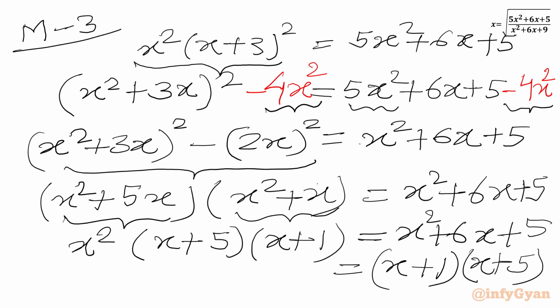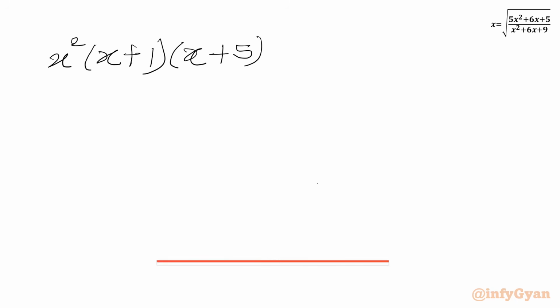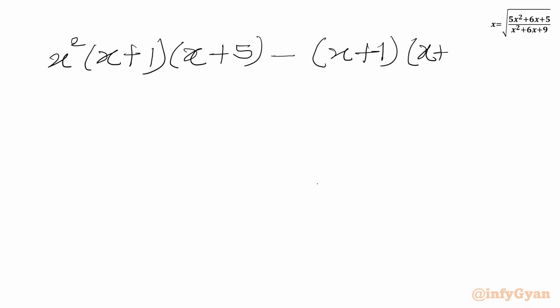Now we'll write all the terms to one side. So we can write x square times (x plus 1) times (x plus 5) minus (x plus 1) times (x plus 5) equal to 0. Now we will take (x plus 1) times (x plus 5) common.